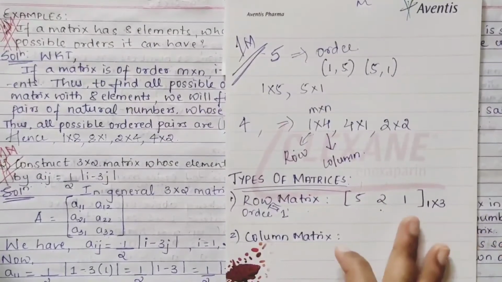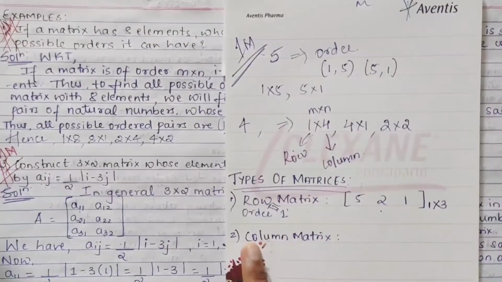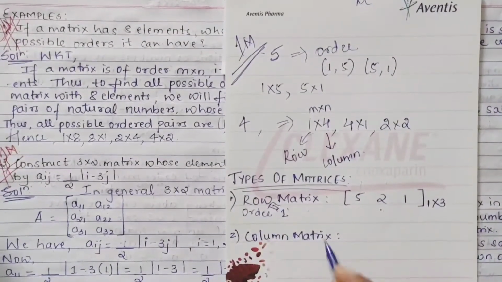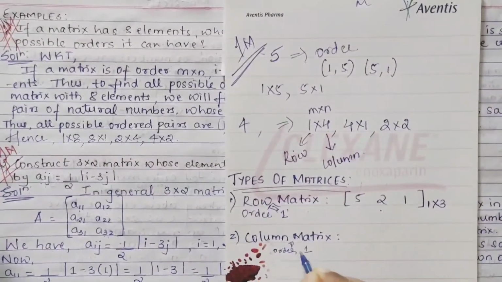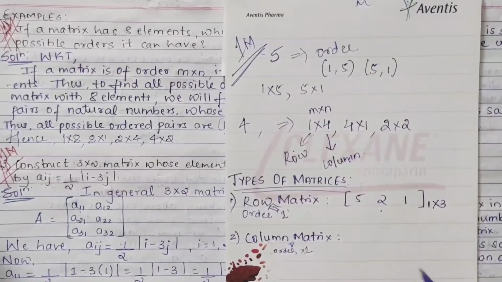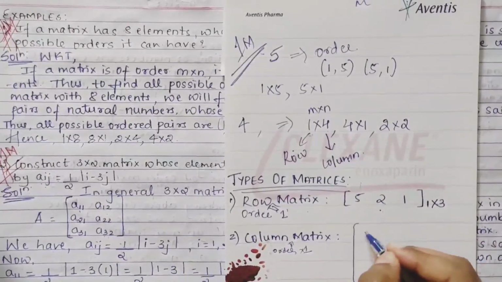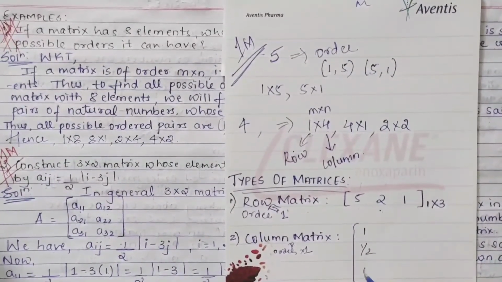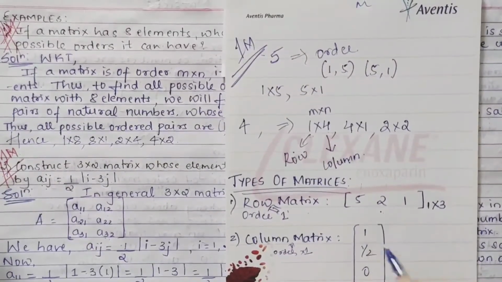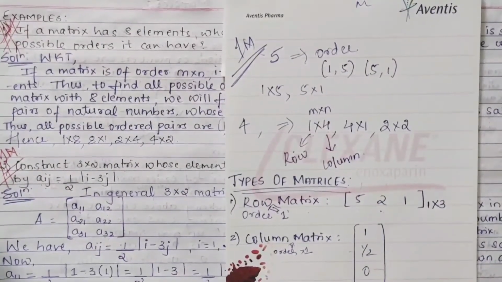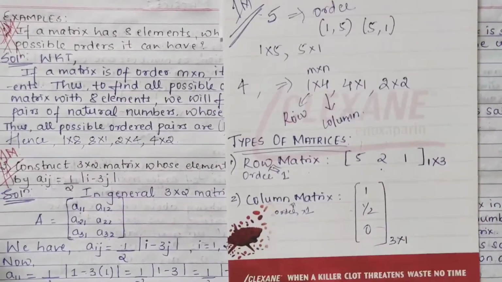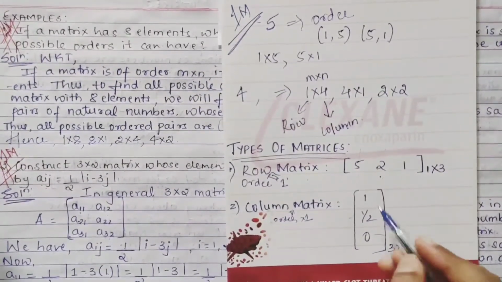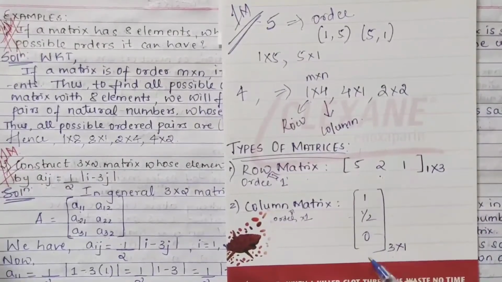In the same way, second comes the column matrix. Column matrix is the same. Order of column will be 1, and how many rows can there be? Suppose I have taken here 1, 1 by 2, 0. Here you can see rows are how many? 1, 2, 3. 3 rows. Column is just single. So your rows are 3 and your column is 1.